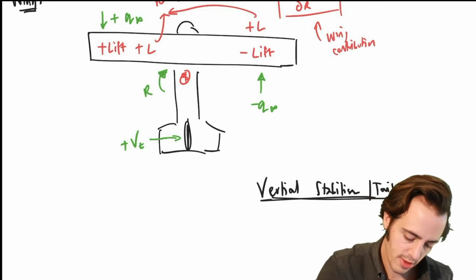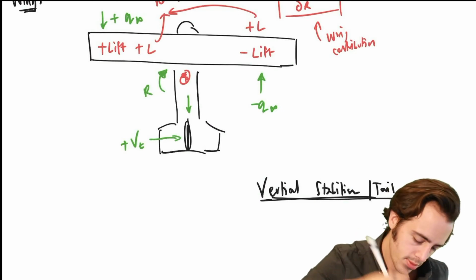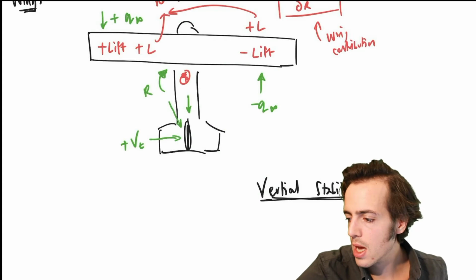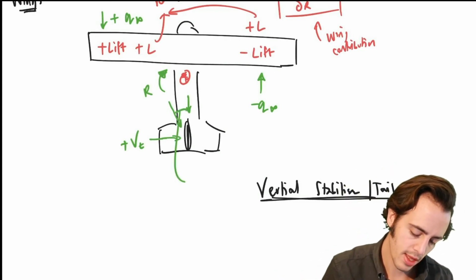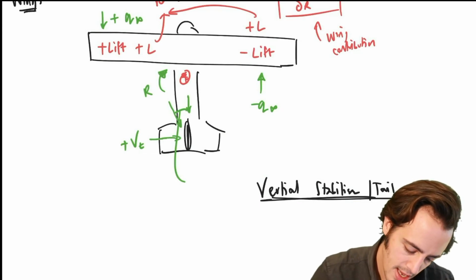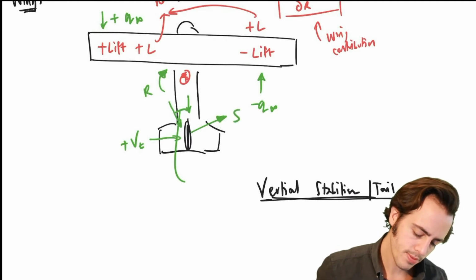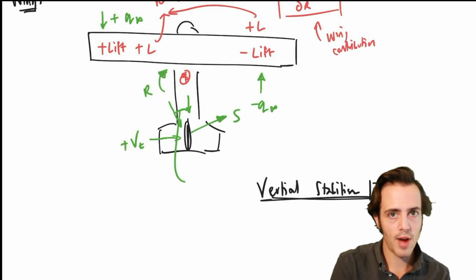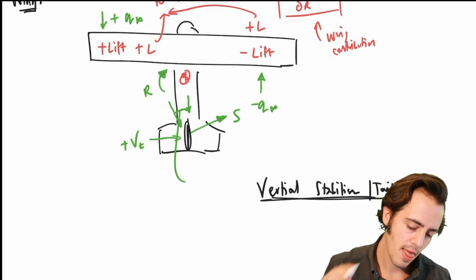We've got this increase in sideways velocity. We've still got the aircraft free stream going towards it, but what we effectively have now is an effective side slip occurring on the tail. So we're going to have a side force on the tail, which gives us this tendency to counteract the motion that causes it. Remember, this is what gives us this weathercock stability.